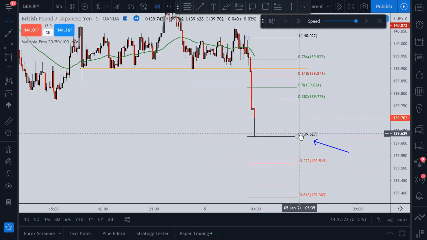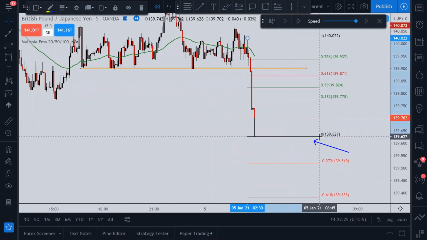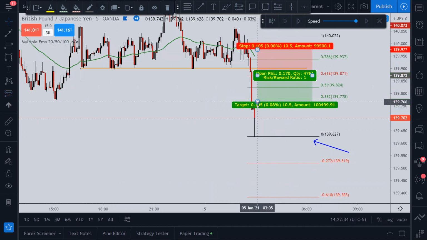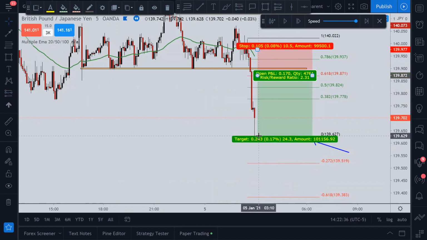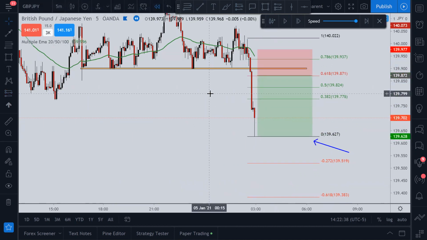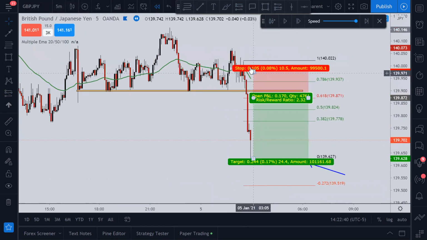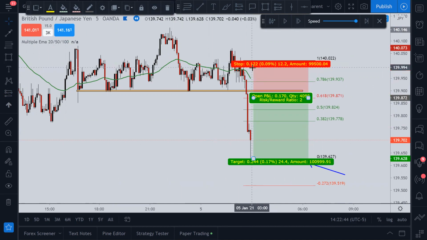So with that in mind, you put your sell order in, just like that. Put your sell order in, you bring it down to 1, 2.